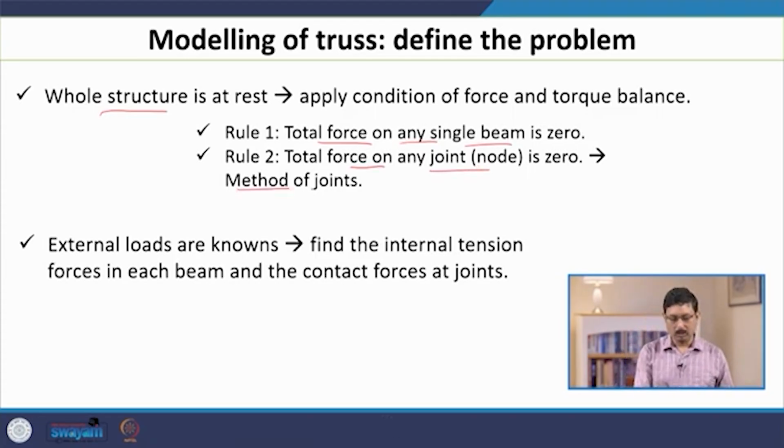The strategy that we are going to use is also called the method of joints. And one more important point: the external loads are given and our goal is to find the internal tension forces in each beam and the contact forces at the joints.